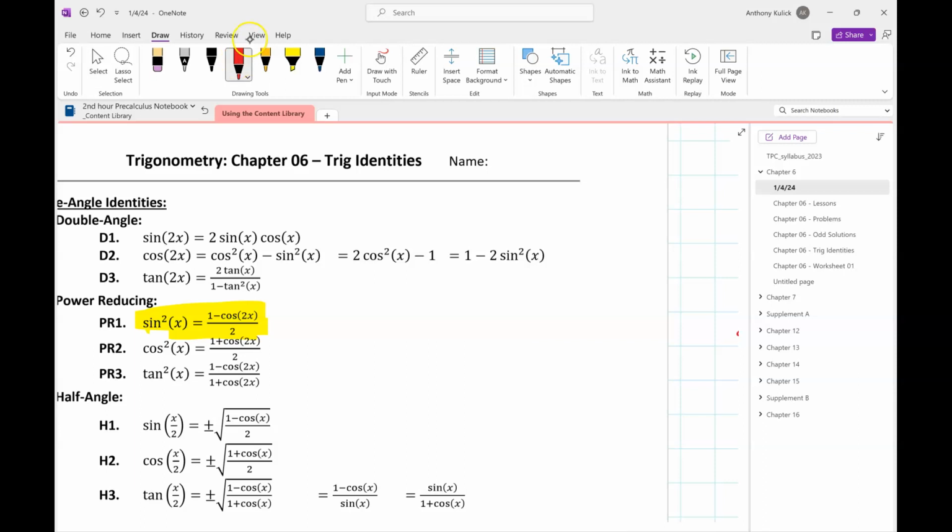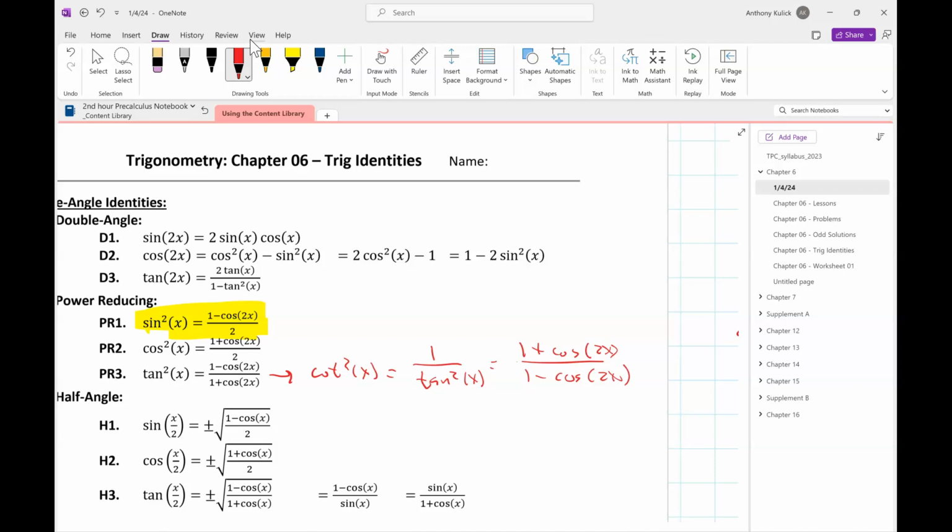Yeah. So it just should be the reciprocal of the tangent formula, right? Everybody's okay with that idea? What would I do if I had secant squared?